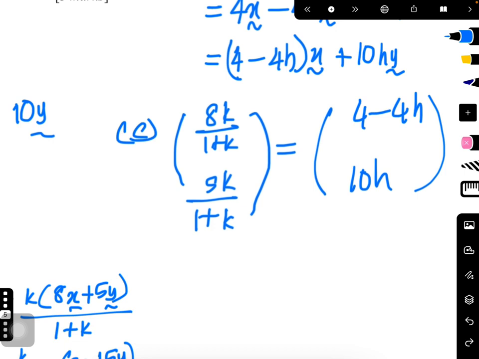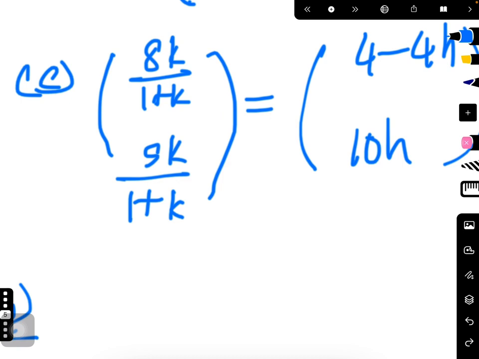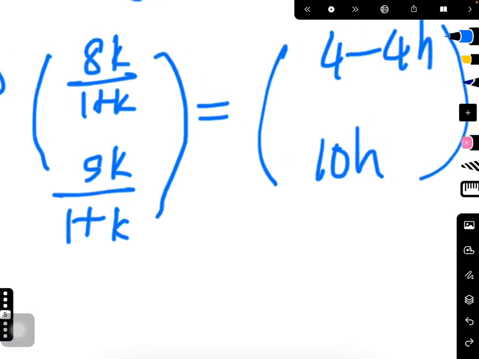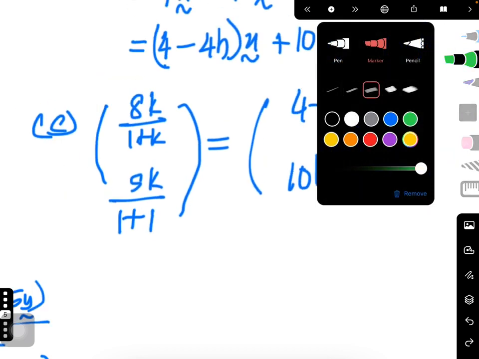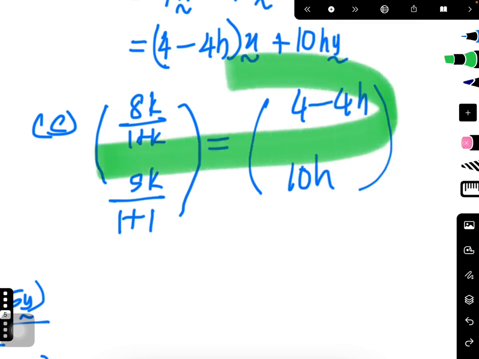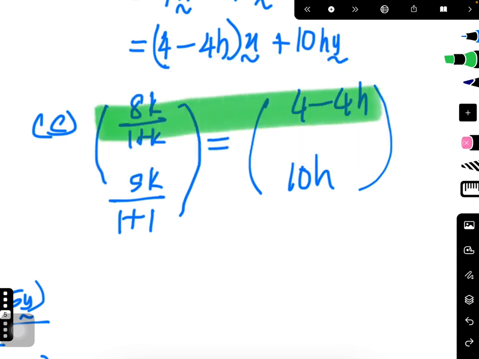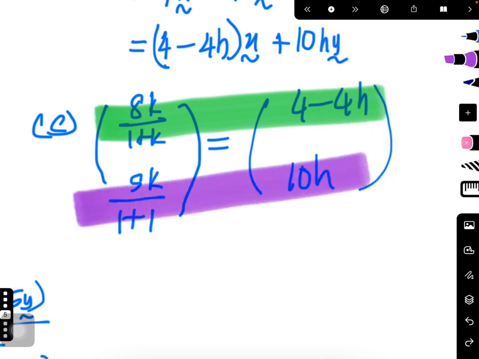We have been used to this question before. I want to use the highlighter in green color. This to this, and this to this.